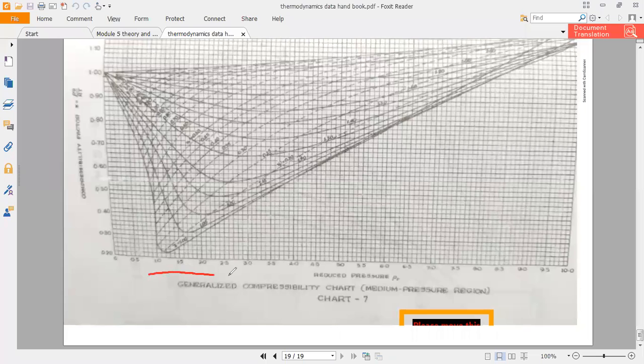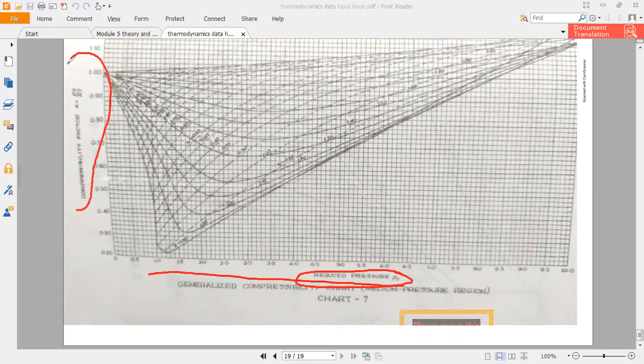In the x-axis, the PR term is there. In the y-axis, the Z value is there. These curves are the TR values.